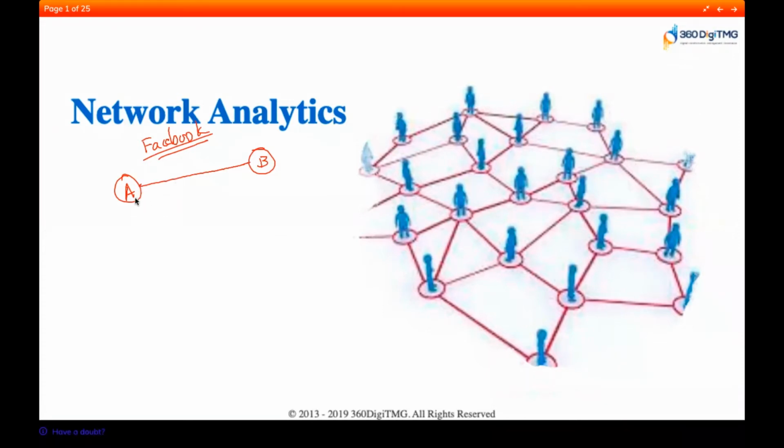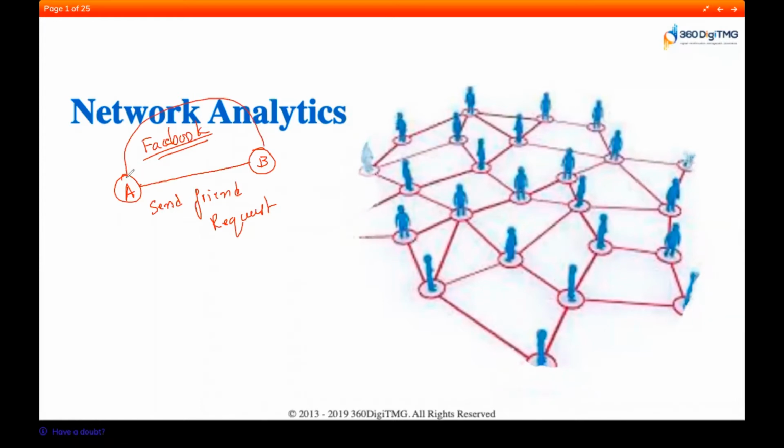If A wants to be a friend with B, he has to send a friend request, followed by an action from B to accept the friend request, isn't it? So a friend request followed by acceptance. With this, this is called network analytics.